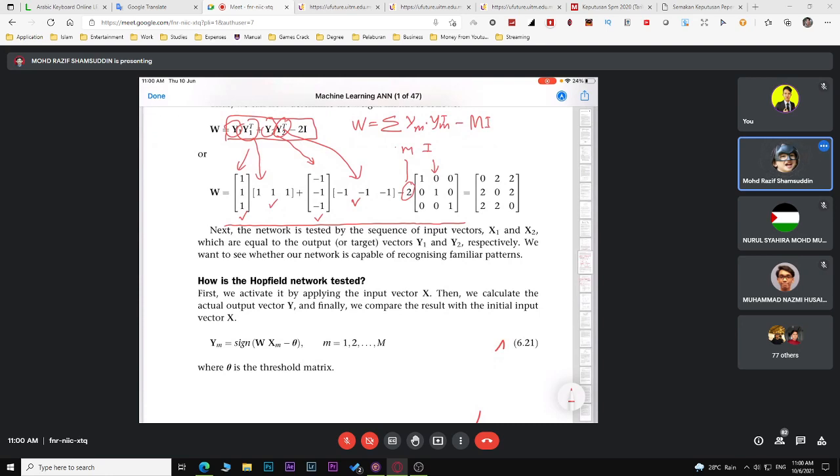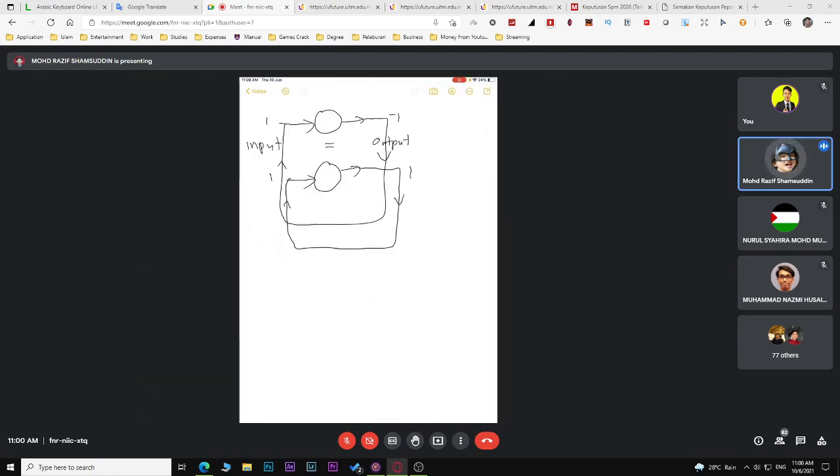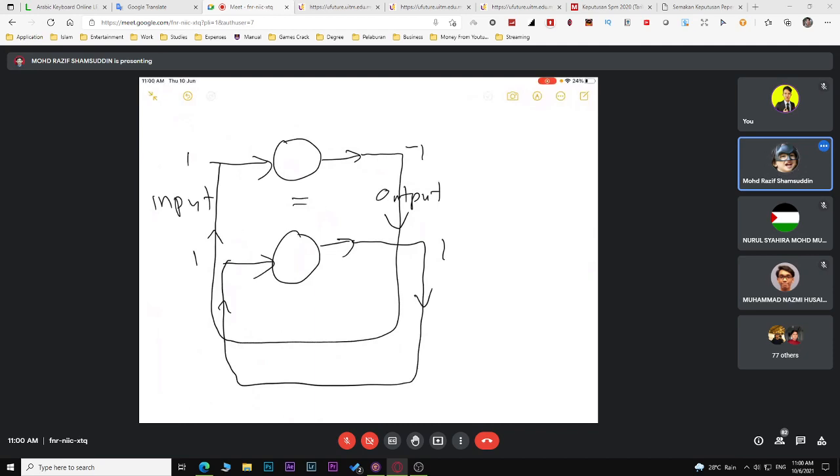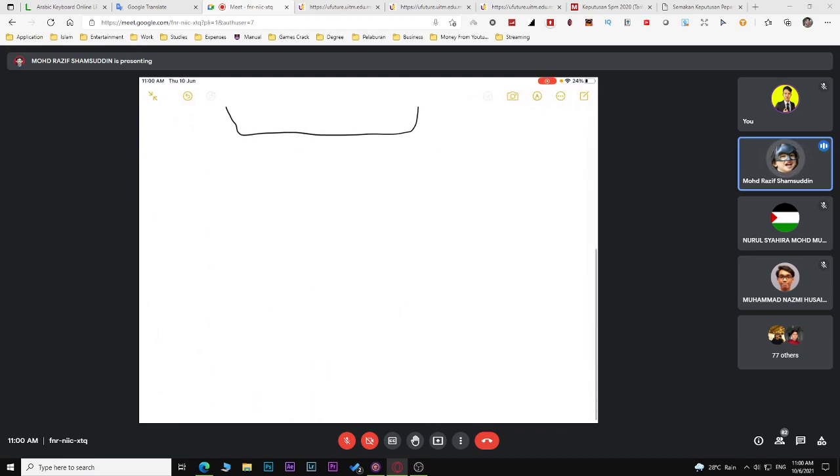In order to do it manually, you need to be very careful of the sequence, because the sequence of a matrix will determine how the output is calculated.